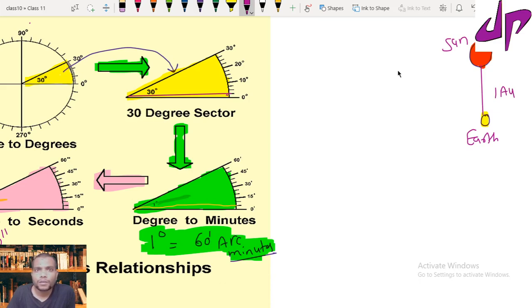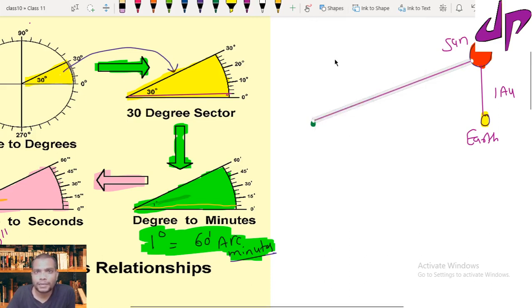Suppose there is an object, a far away object, and this object is subtending an angle with respect to the sun at here.